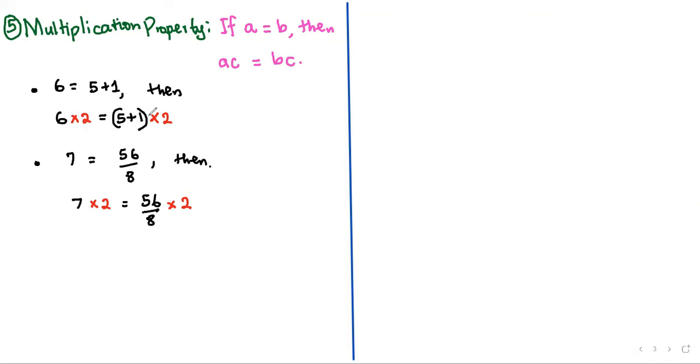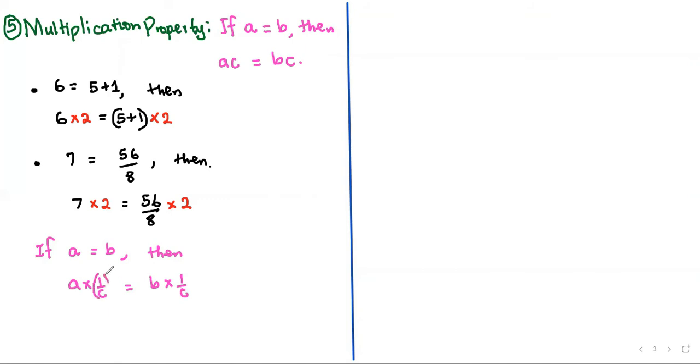Another way we can modify this property number 5, we can say that if A is equal to B, then A times 1 out of C is equal to B times 1 out of C. You see that?